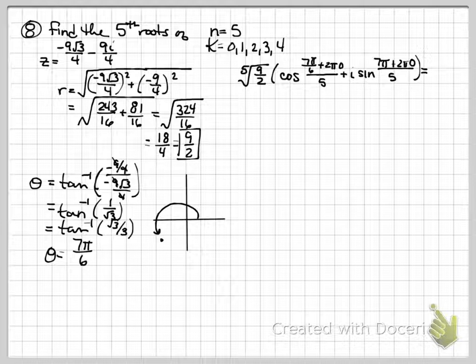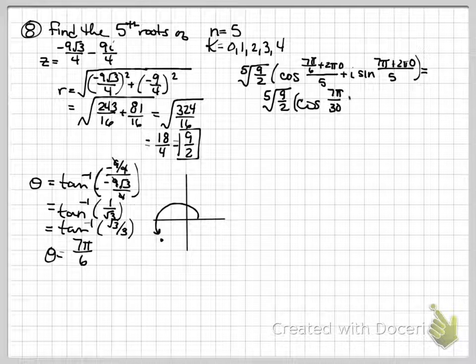Well, if I look at this, this is not going to be on my unit circle because I'm going to get 7 pi over 30. So I can actually just rewrite it as that, and I can use my shortcut. I can rewrite this as the 5th root of 9 over 2 times cosine of 7 pi over 30 plus I sine of 7 pi over 30.